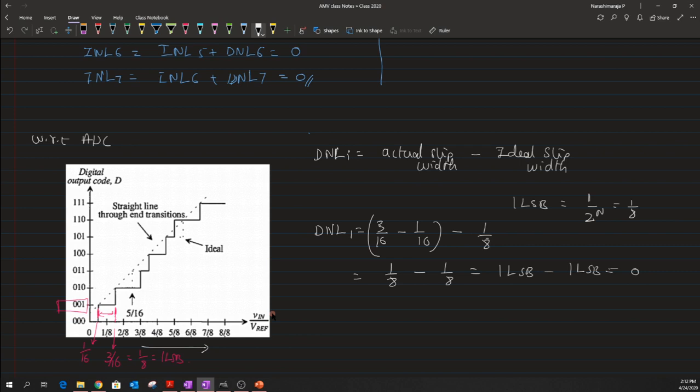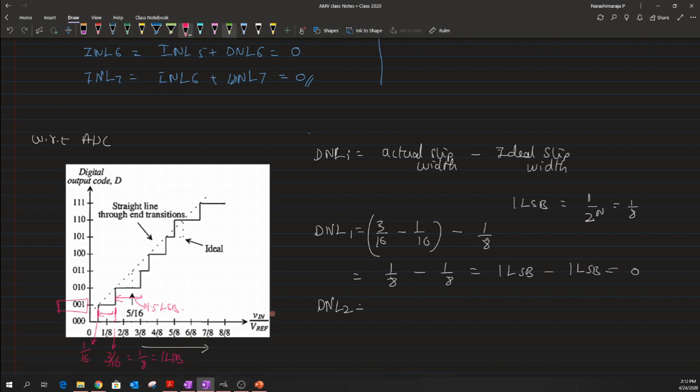Similarly, let us compute the value of DNL of 2 by measuring the width, and obviously one could see that there is a width of more than 1 LSB, and that value is equal to 1.5 LSB here.